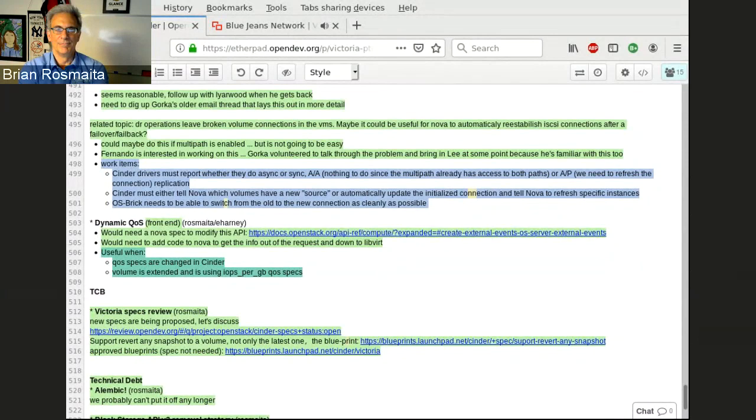And it's a fairly well-defined task. So I just want to make people aware that it exists and see if anyone had any questions or comments or ideas.